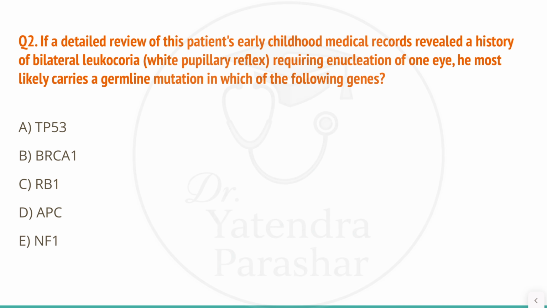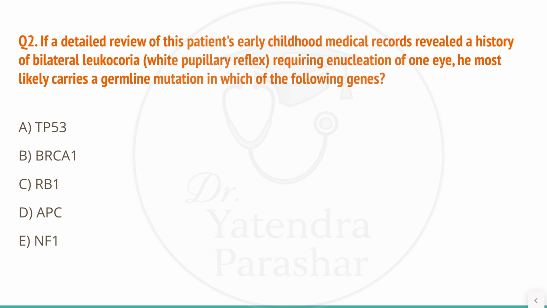If detailed review of this patient's early childhood medical records revealed a history of bilateral leukocoria, that is white pupillary reflex, requiring enucleation of one eye, he most likely carries a germline mutation in which of the following genes?